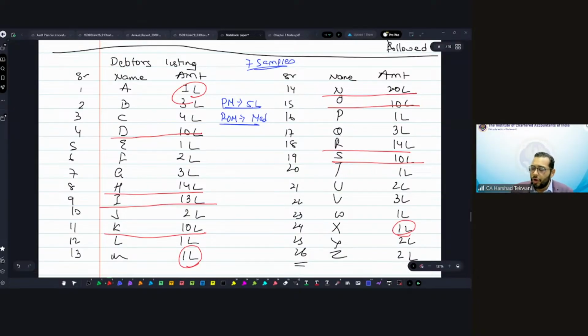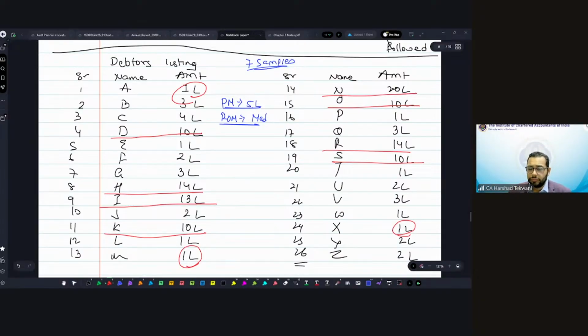I'm not saying you shouldn't use high value items as a sampling, but you can use multiple combinations of sampling methods to get more effective samples. But selecting top 5, top 10 might not be correct every time, and will result in a scenario where you don't have a chance of selection for the entire population.